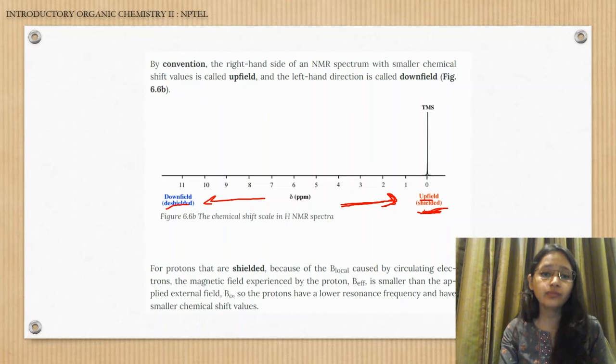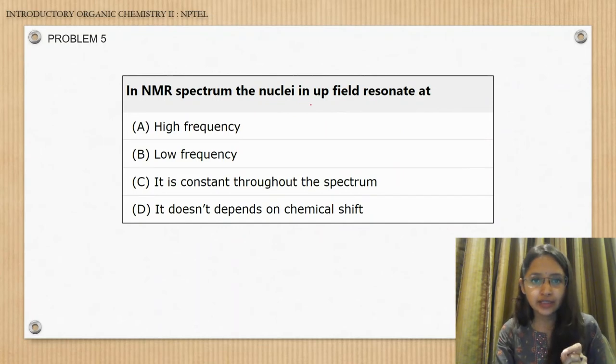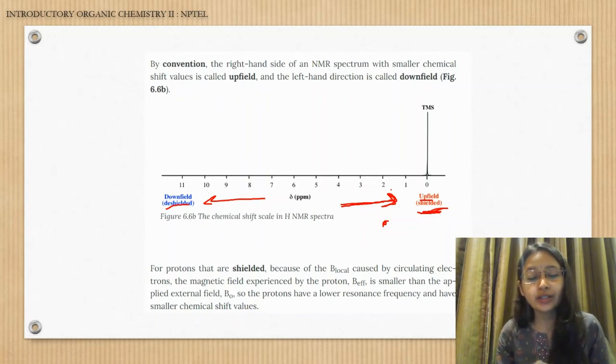Now coming to the question: in NMR spectrum the nuclei in upfield resonate at. If you have a nuclei in this particular upfield region, that means the shielded region, this means that the electron density around it is very high.